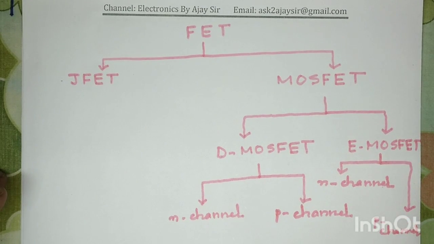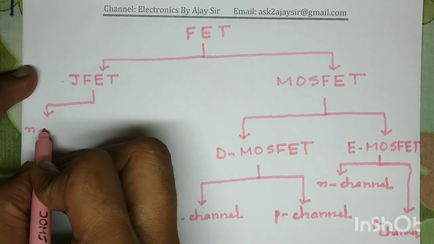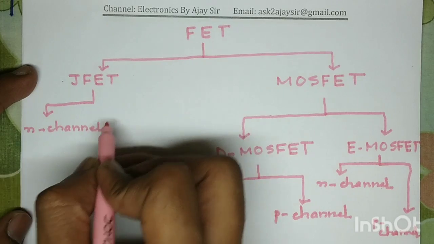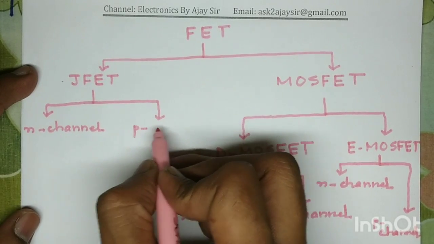And JFET is also of two types. If the current conduction happens due to electron, it is called n-channel JFET, and if due to hole, it is p-channel JFET.